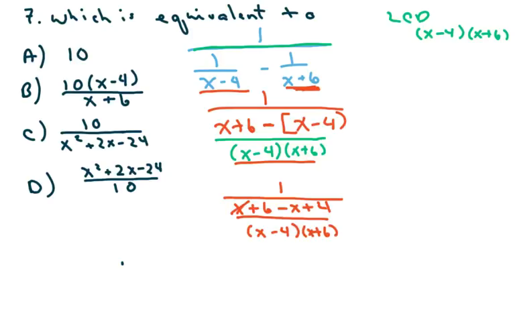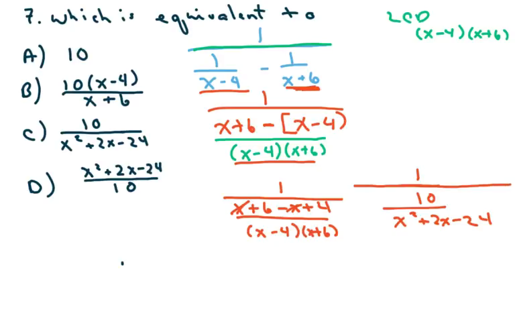Now the x's cancel out, so you get 1 over 10, and I'm going to go ahead and FOIL the denominator out. When you FOIL the denominator out, you get x squared plus 2x minus 24. Okay, so that's your equation.